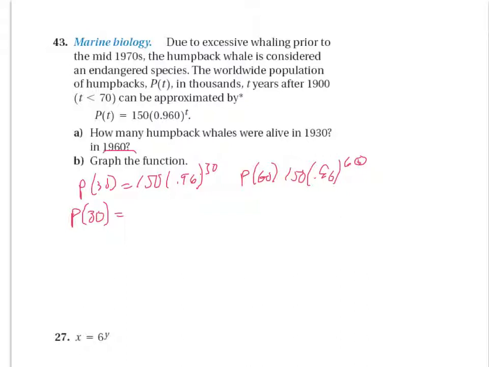We got 44.0, well, 44.1, how about that? Remember, that's in thousands, so 44.1 thousand humpback whales in 1930. Now let's do 60. Do the same thing, 150 times 0.96 to the 60th power.